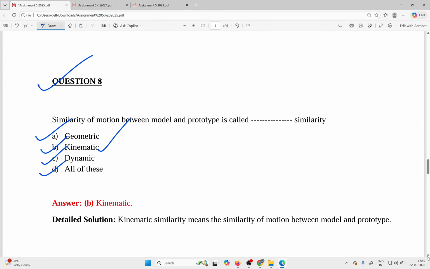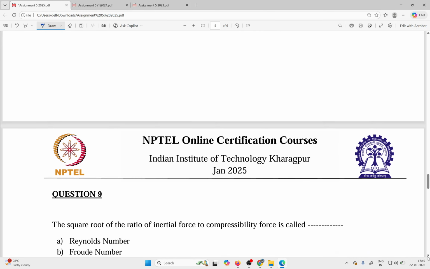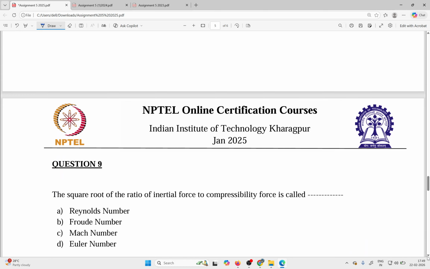Now we'll go to the next one, question number 9. The square root of the ratio of inertia force to compressibility force is called Reynolds number, Froude number, Mach number, or Euler number. The square root of the ratio of inertial force to compressibility force is called what?